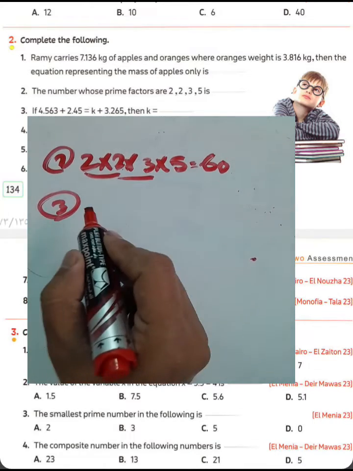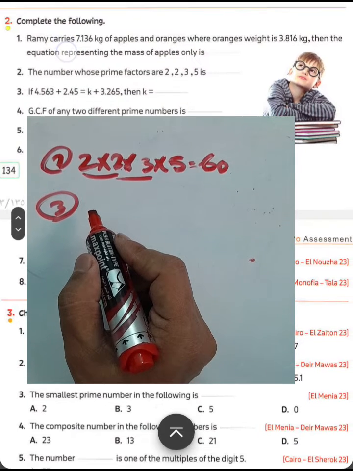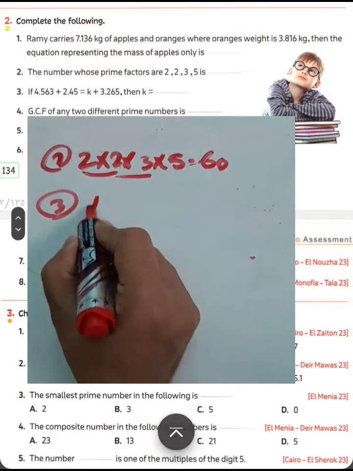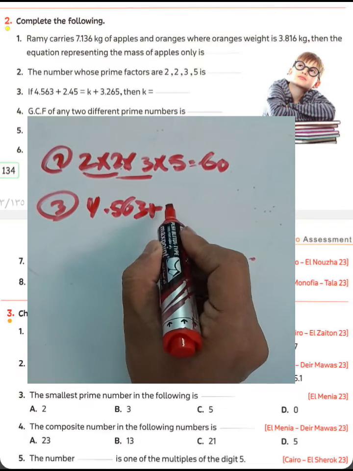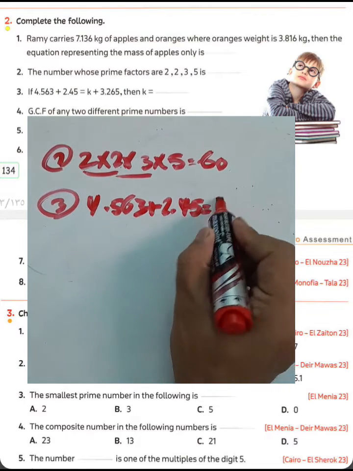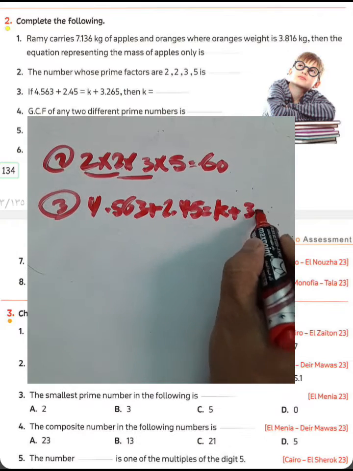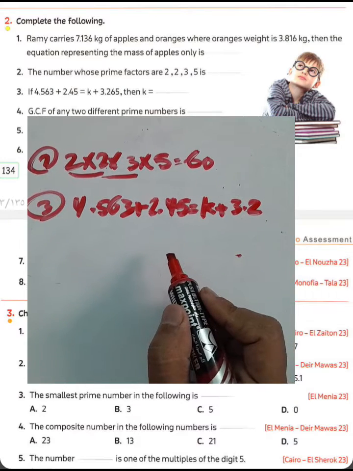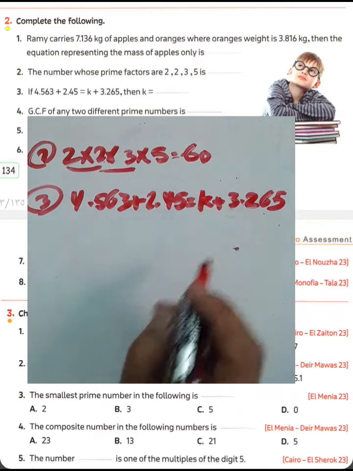Question number 3. If 4.563 plus 2.45 equals k plus 3.265, then k will be what?